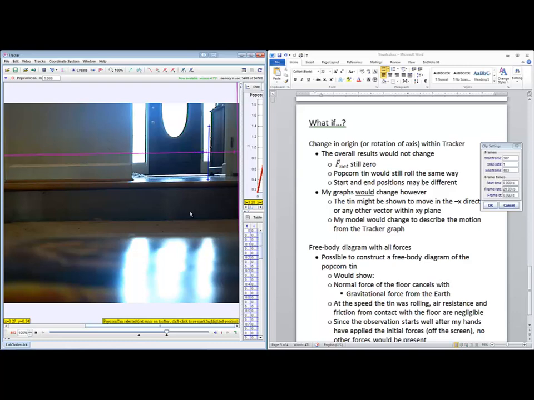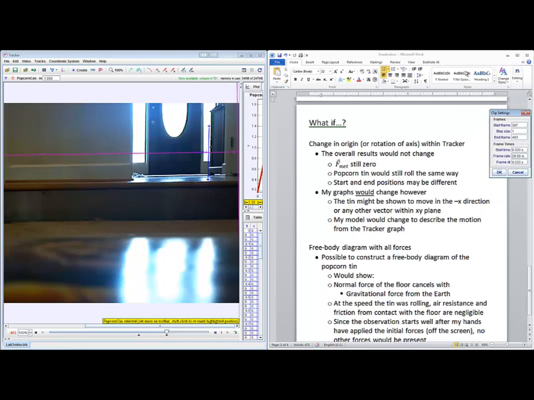And that would change my model. I could rotate it so it's at 45 degrees, and it's actually a combination of x and y. That would also modify my model. But F net is still 0 in all those cases. The tin would still roll the same way, but the displacement would also still be the same.